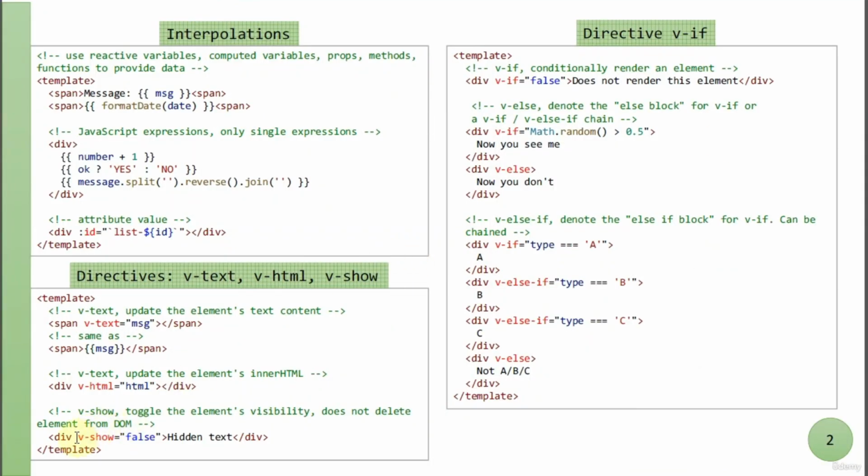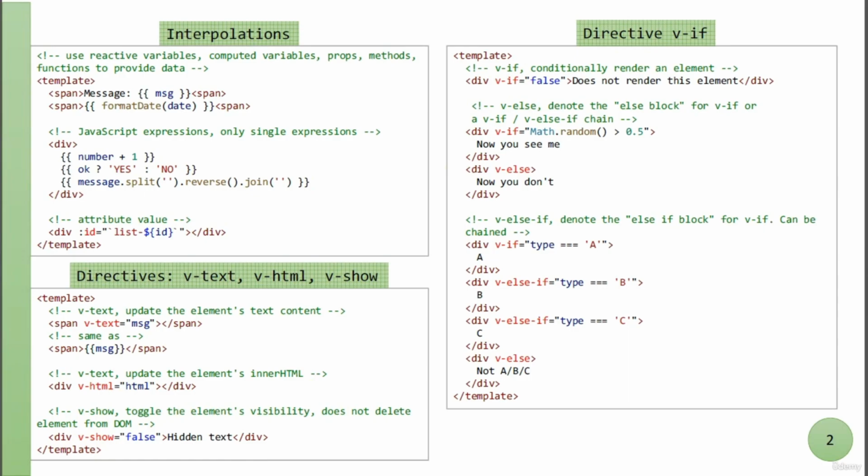And the last one is v-show directive. V-show toggles the element's visibility and doesn't delete the element from DOM. So you need to understand the difference between the v-show and the v-if directives. V-if is responsible for the render, but v-show is responsible for the visibility.